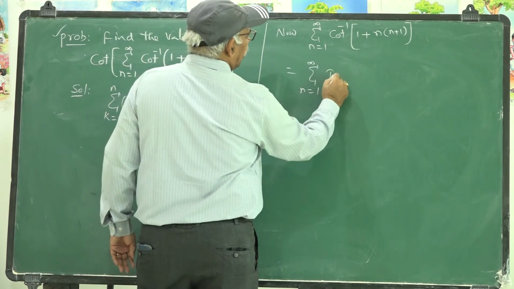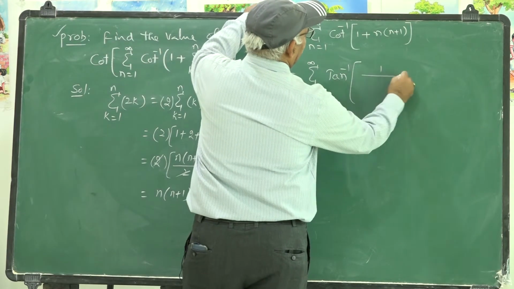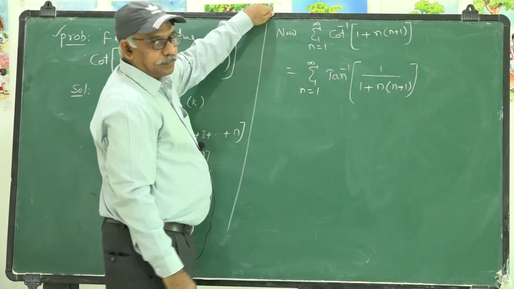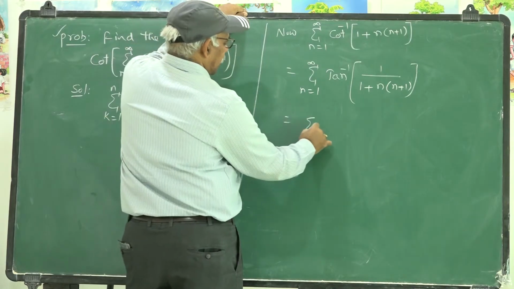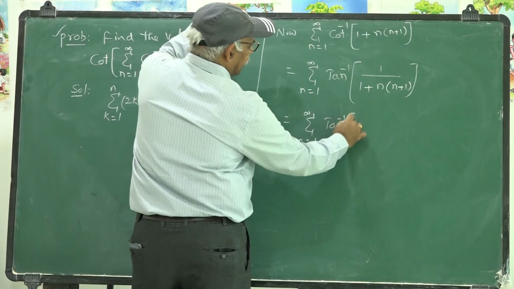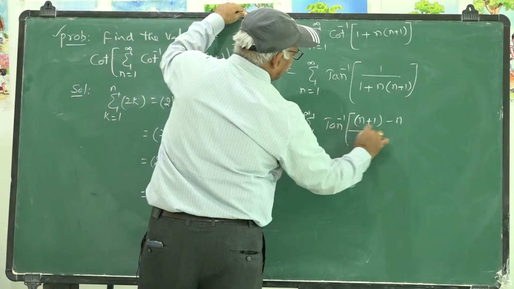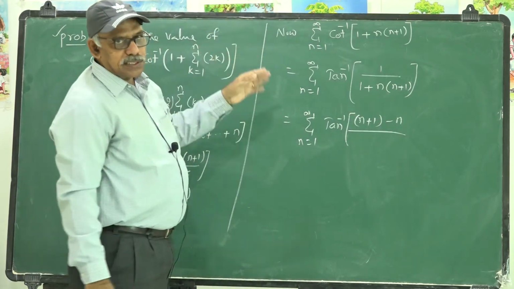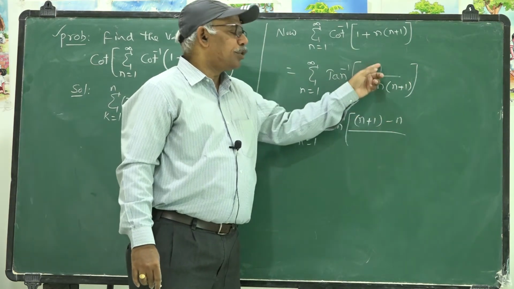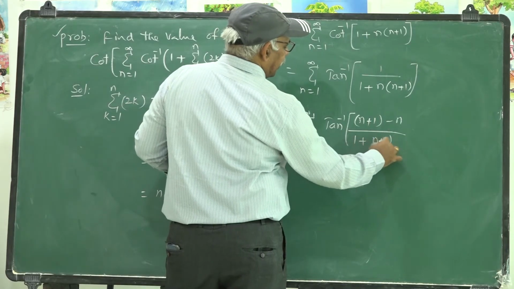This cot inverse may be written in terms of tan inverse as tan inverse of 1 by 1 plus n into n plus 1. This is sigma n equal to 1 to infinity tan inverse of this 1 may be written as n plus 1 minus n. Write the numerator 1 as n plus 1 minus n. Just we are adding n and subtracting n in the numerator, we get this 1 by n plus 1 into n itself.